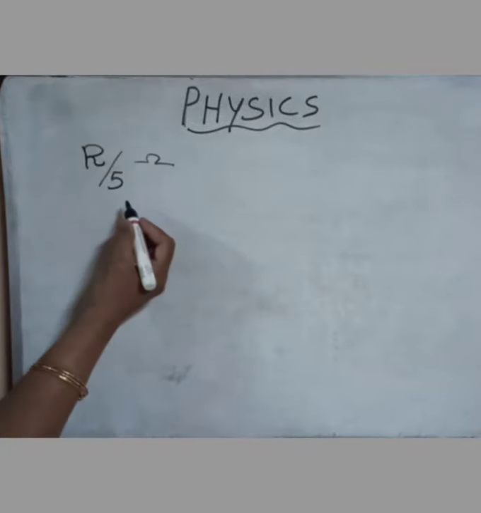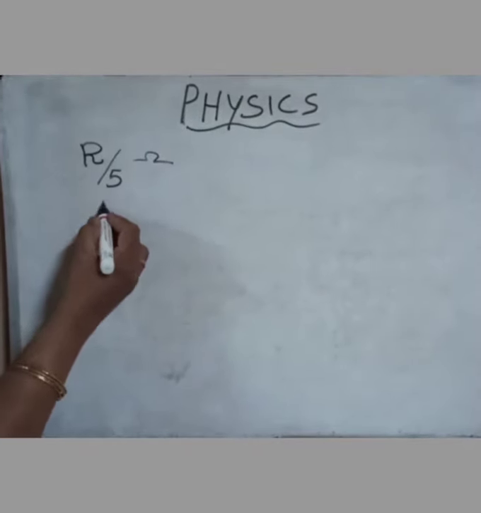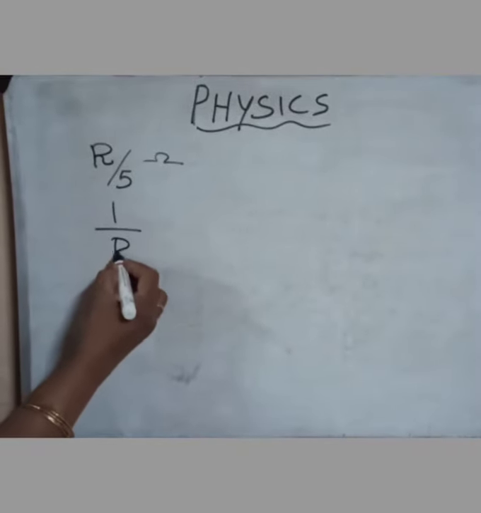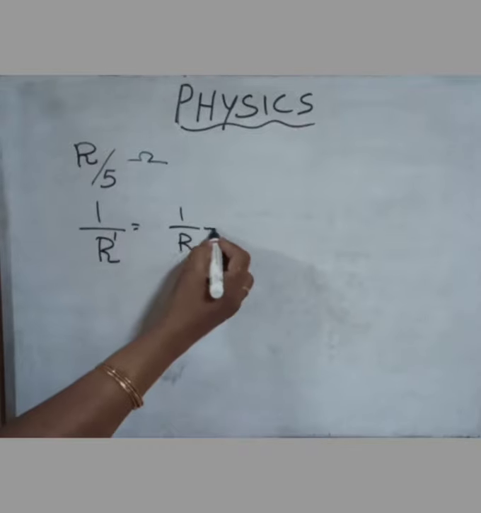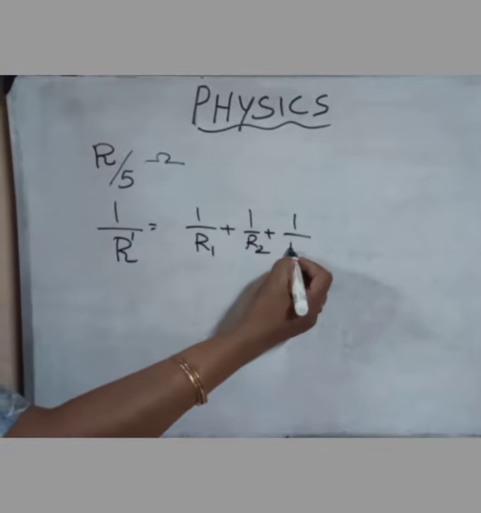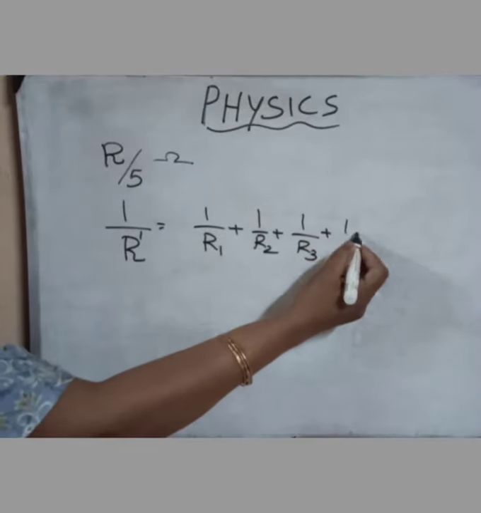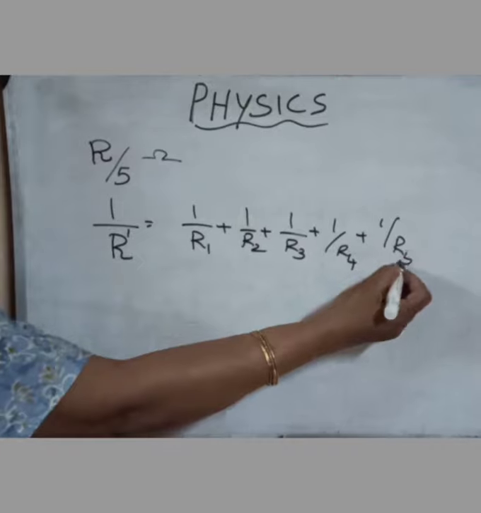We know that for the resistance in parallel combination, the formula is 1 by R dash is equal to 1 by R1 plus 1 by R2 plus 1 by R3 plus 1 by R4 plus 1 by R5.